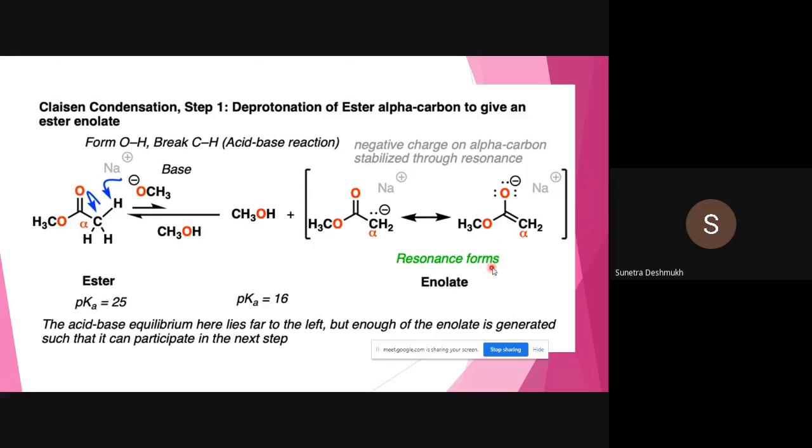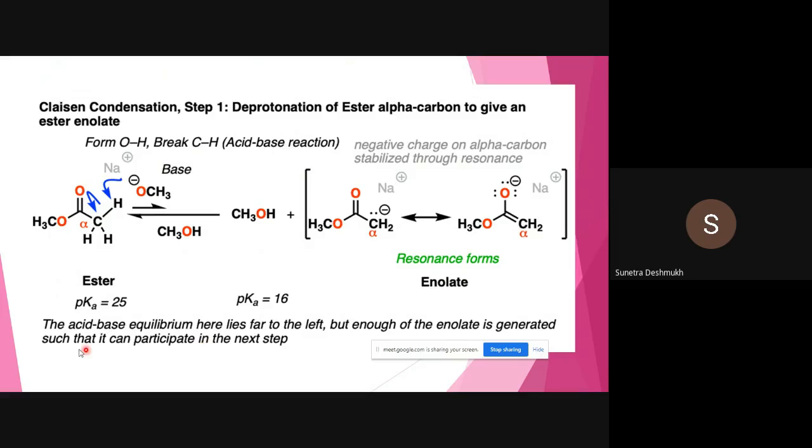In this way we have generated the enolate. The negative charge on the alpha carbon atom is stabilized through resonance. Here is the carbanion enolate, so in this way a carbanion is involved in this Claisen condensation reaction.